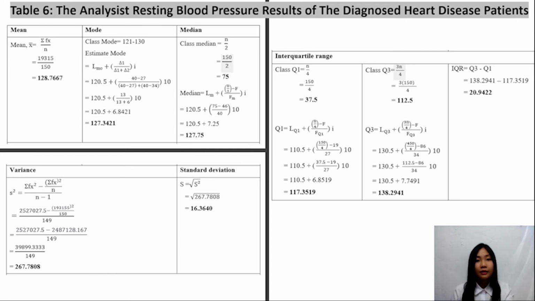On the other hand, the variance of the resting blood pressure result is 267.7808, while the standard deviation is 16.3640. The interquartile range between the third quartile and the first quartile is 20.9422. Okay, that's all for the part of analysis and discussion.